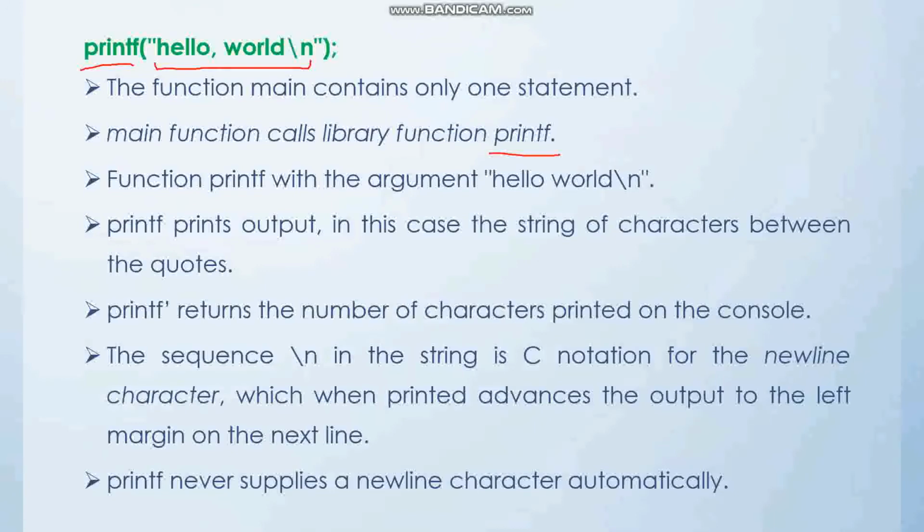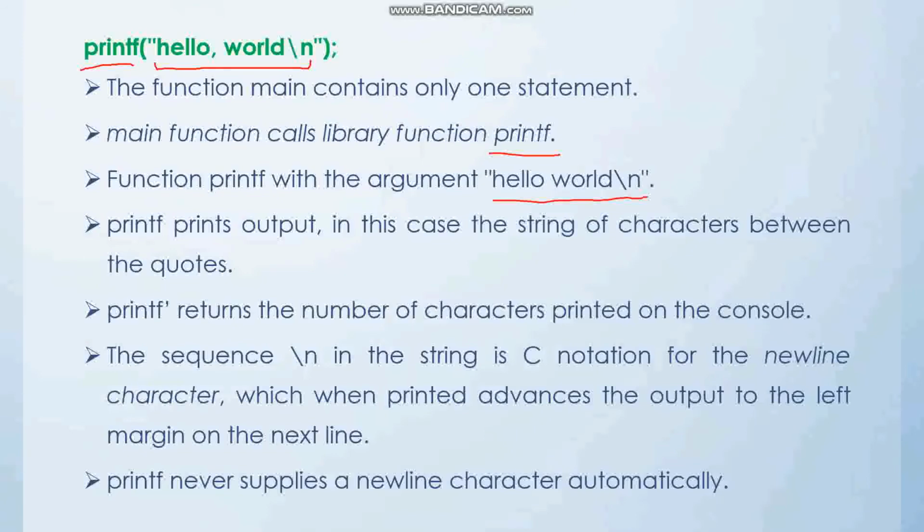It is a predefined function and its definition is given in the standard input output header file. That's why we included stdio.h in the very beginning of the program. The function printf has the argument hello world and \n. This is the argument which is passed to this function when main calls it.